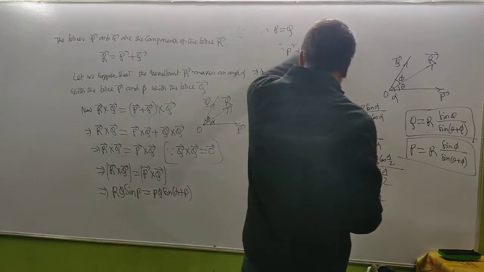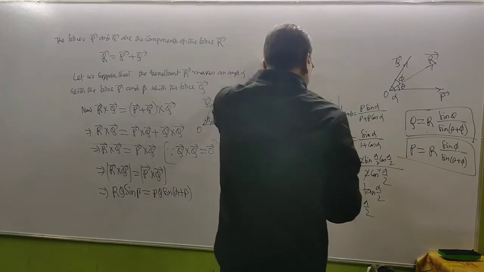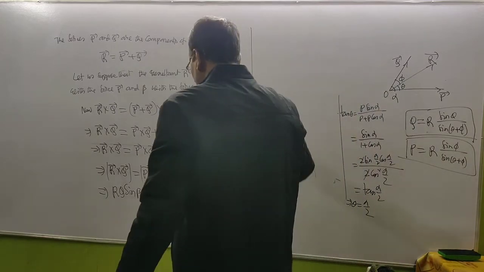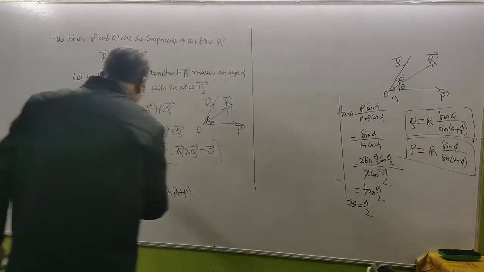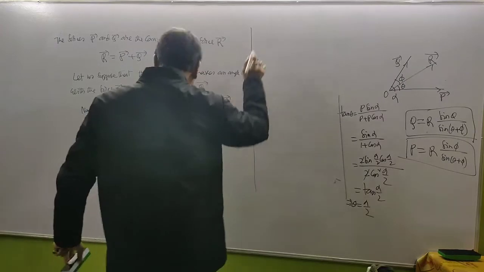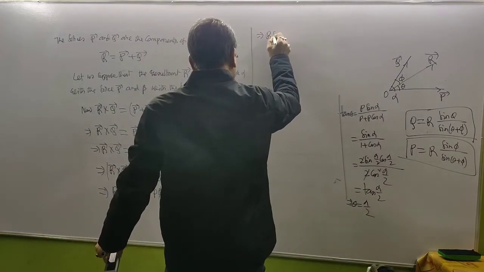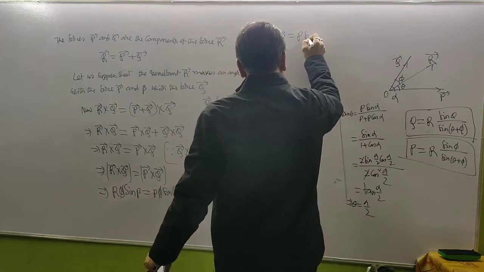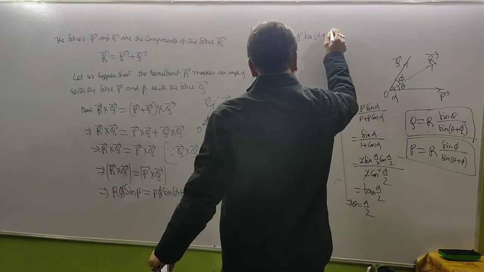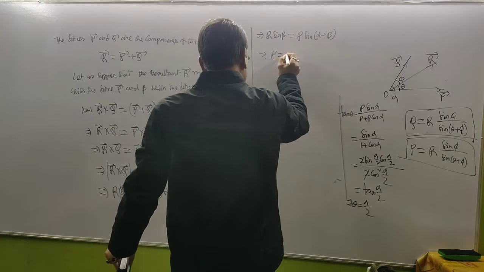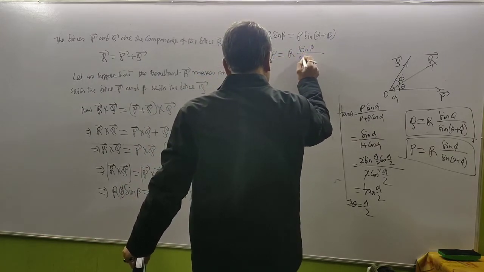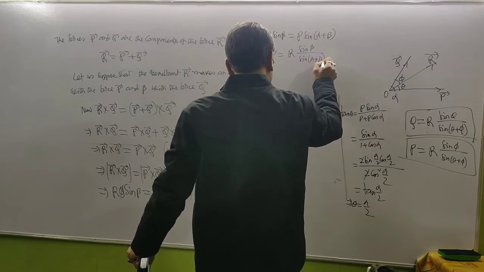Q will be cancelled, so R sine beta equals P sine of alpha plus beta. This means P equals R sine beta divided by sine of alpha plus beta.